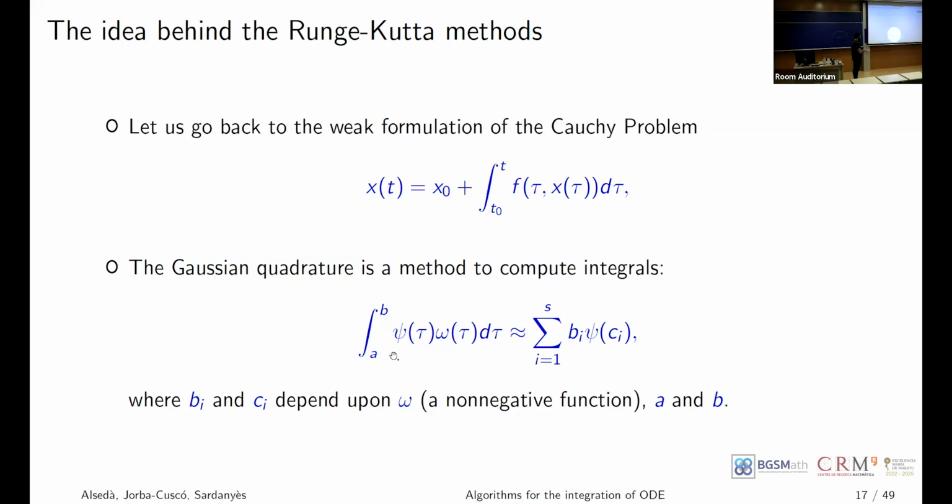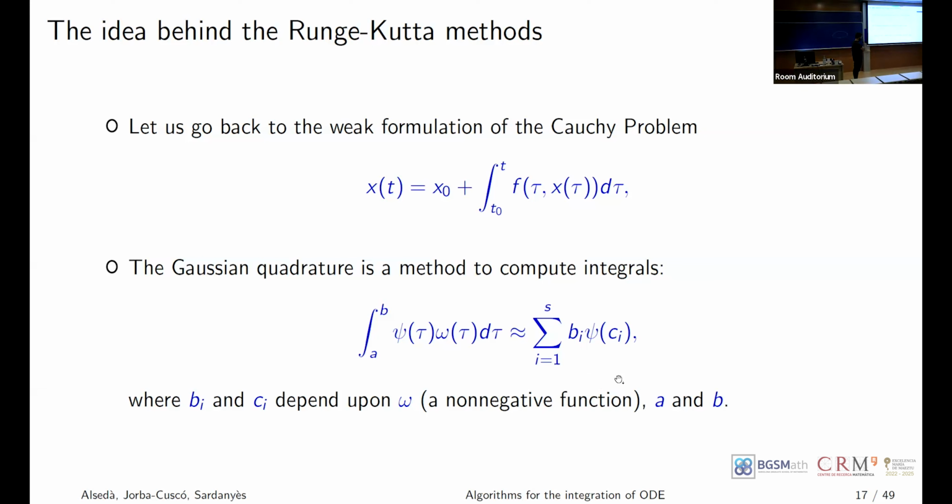So I won't enter into details, but just notice that here we have an integral. This omega is some weight function, and then I approximate it with some sum, which are values of the function I'm trying to compute the integral of, and some weights.